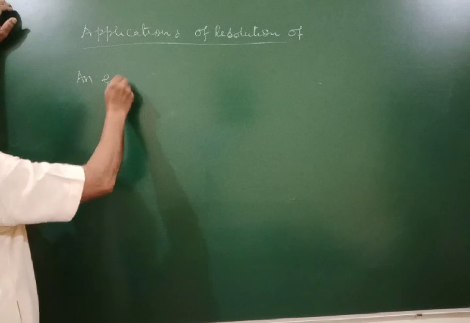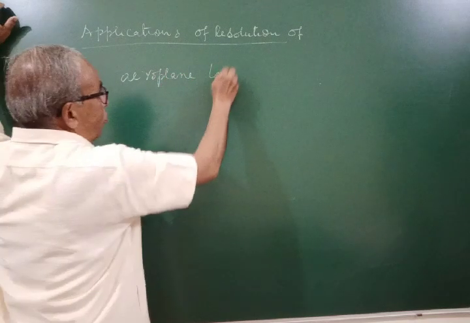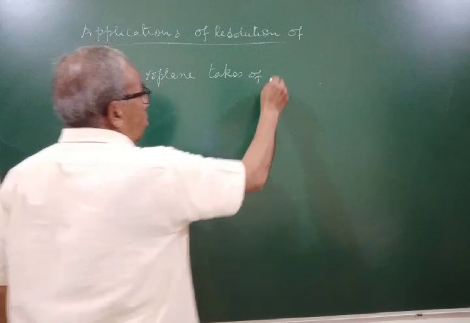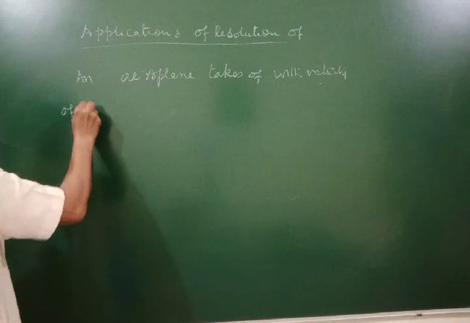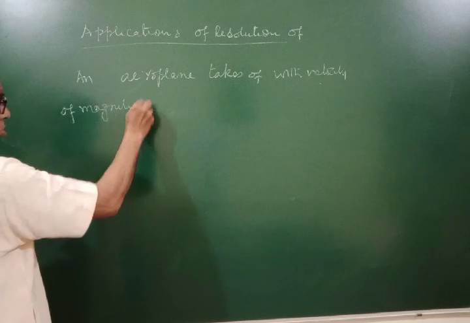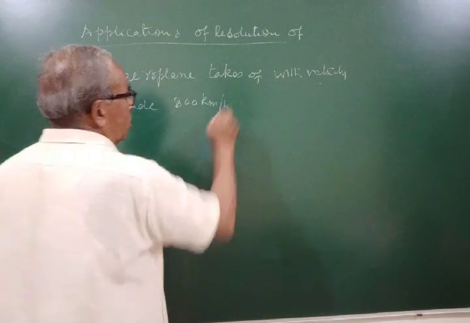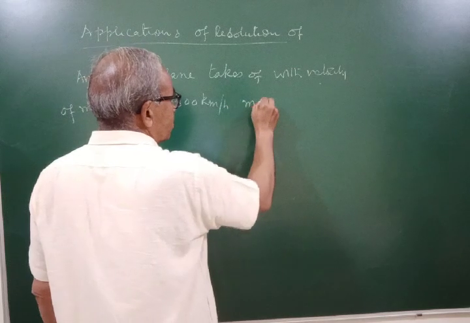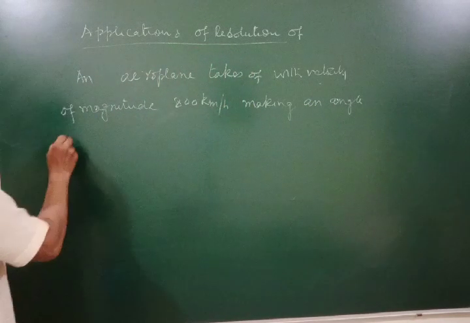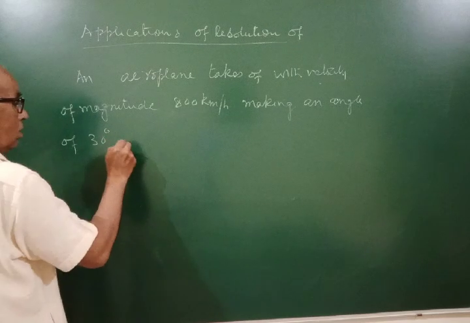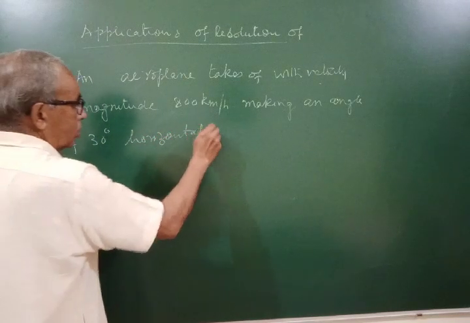An aeroplane takes off with velocity of magnitude 800 kilometer per hour, making an angle of 30 degree with the horizontal direction.